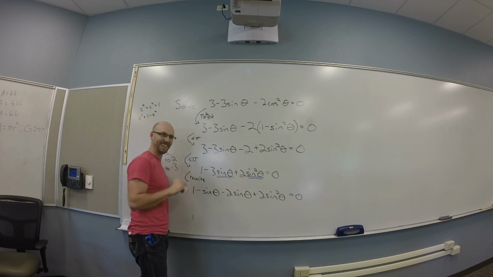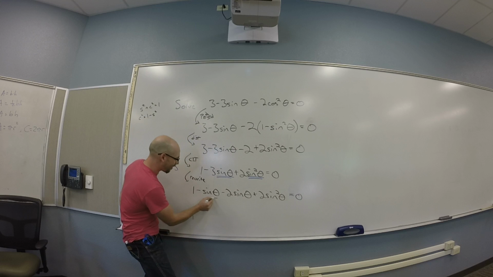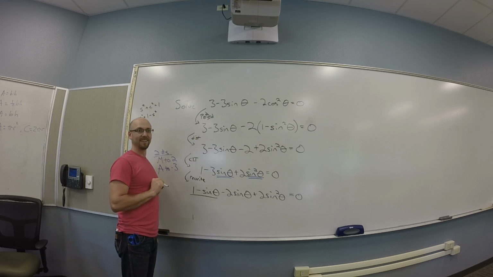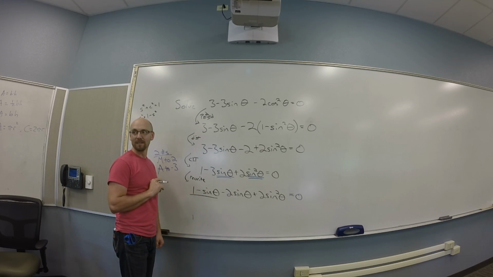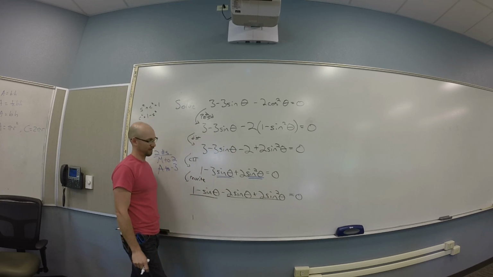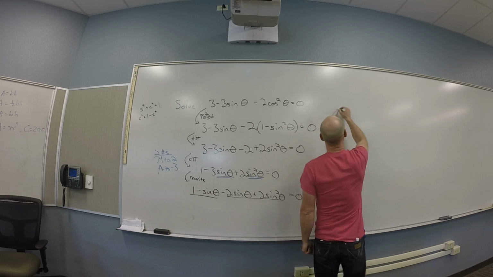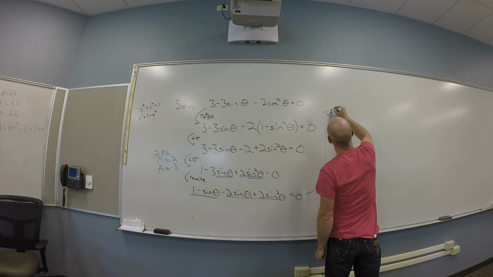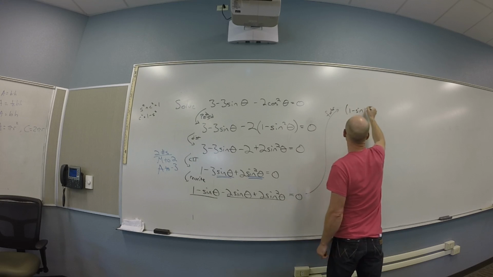Okay, so out of this pair, you just leave it, because there's no common factor between 1 and minus sine theta. But out of this pair, there's a 2 and a sine. So you factor, and you're left with a 1 minus sine theta.